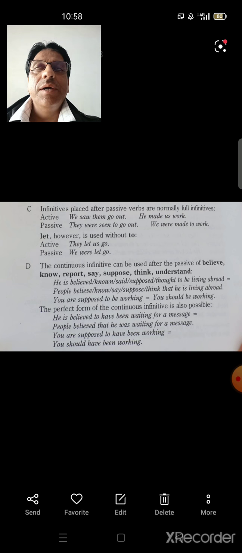You have to put the same form of the verb be, and you have to put the past participle of the main verb, plus you have to add the by agent. The subject, the object of the active sentence becomes the agent of the passive sentence. So these are the steps that we have to follow. So we have come to the end of this active-passive topic today. Thank you very much.